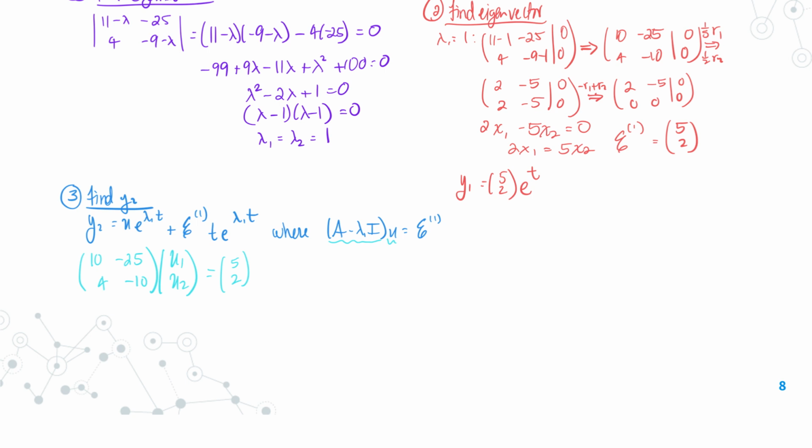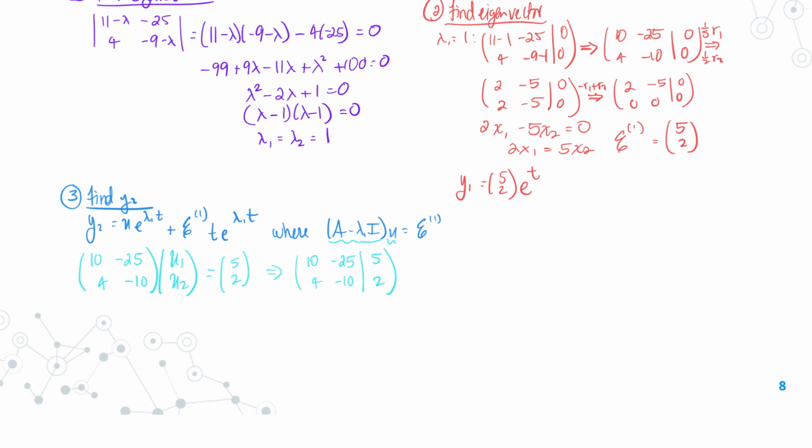So if we write this out as an augmented matrix, we have 10, negative 25, 4, and negative 10, but now instead of it being equal to 0, we want it to equal our 5, 2 vector. And here's the best part, because we already wrote down the steps that we needed to use to reduce this to solve for our eigenvector, we can use the same steps to help us reduce this augmented matrix.